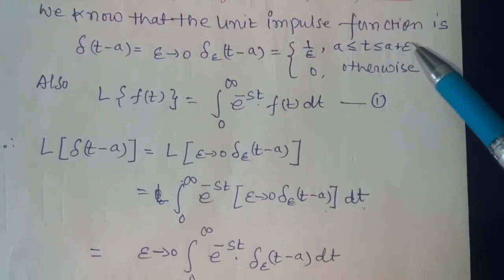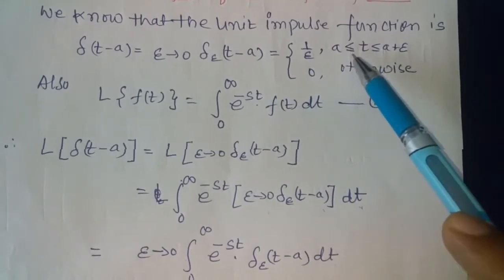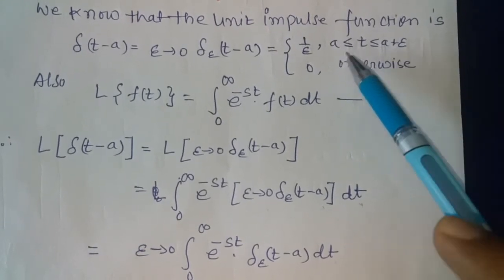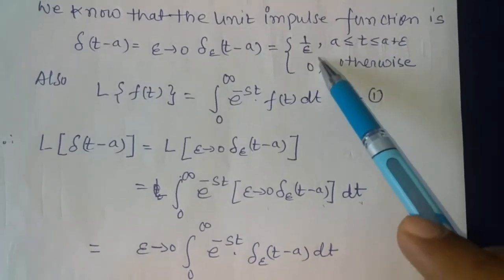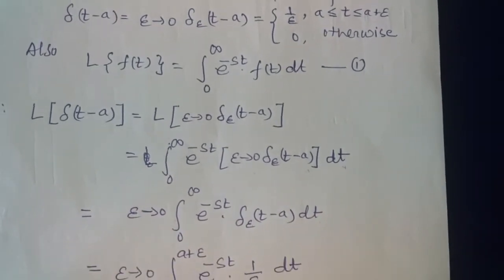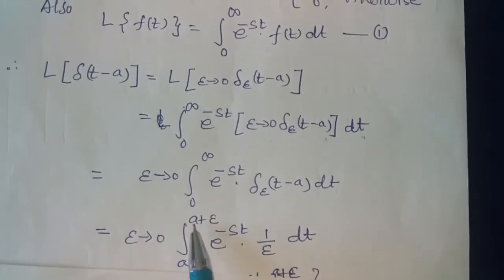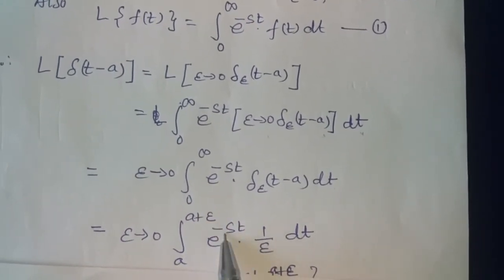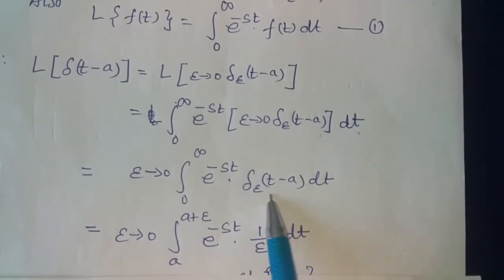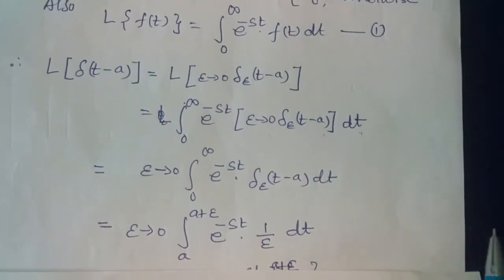Now, as the value of the delta epsilon function is 1 upon epsilon when t is lying between a to a plus epsilon, otherwise the value of the delta epsilon function is 0, from here we get the limit as epsilon tends to 0 of the integral from a to a plus epsilon of e raised to minus st, and from a to a plus epsilon the value of the delta epsilon function is 1 upon epsilon, dt.